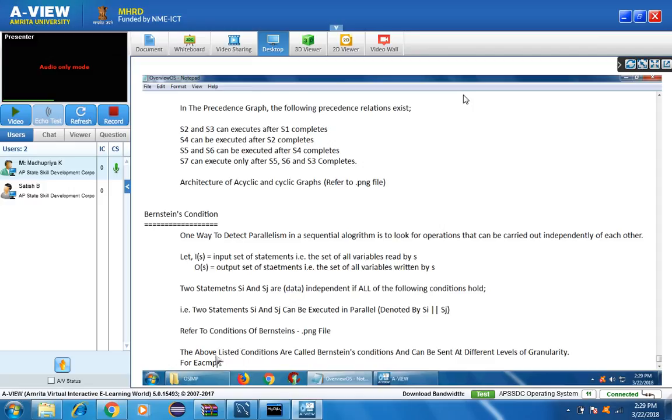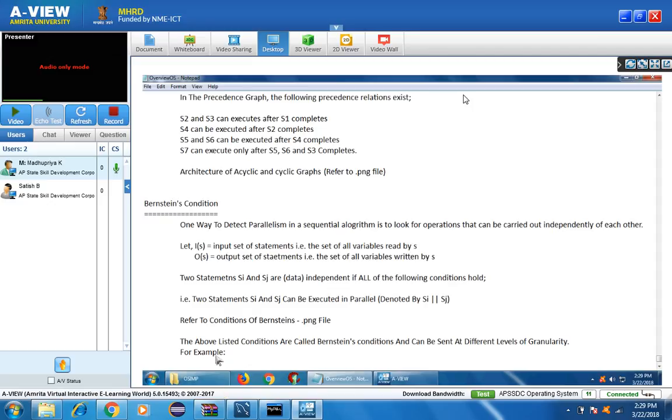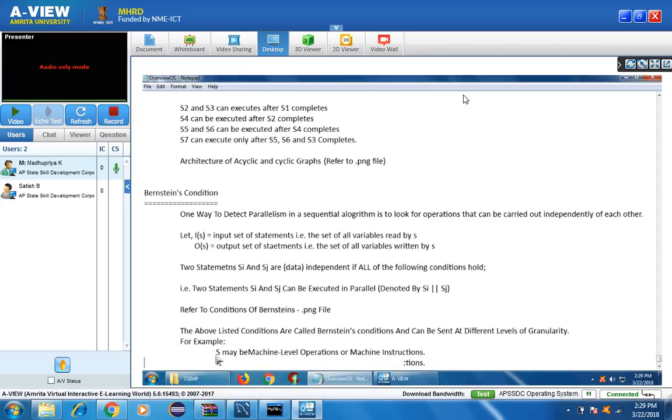For example, you can assume what S may be: something like machine level operations, or you can call them machine instructions. Anything you can refer.